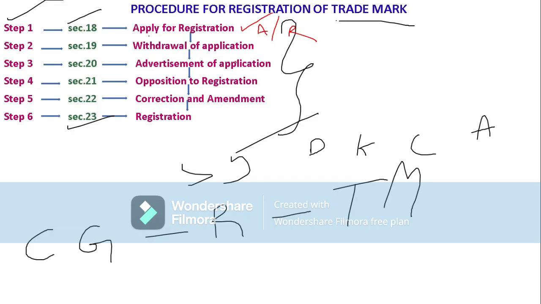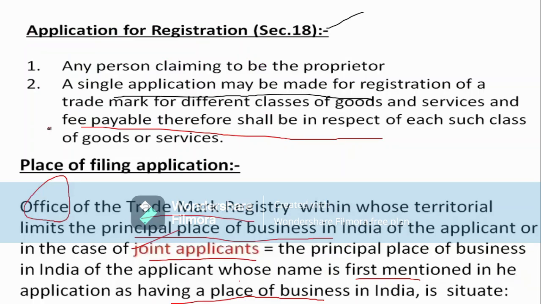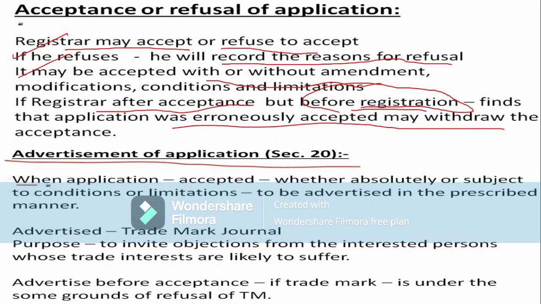Here, withdrawal of application comes under section 19. He may accept or reject, or in this case, if the registrar finds that the application was erroneously accepted, he may withdraw the acceptance.